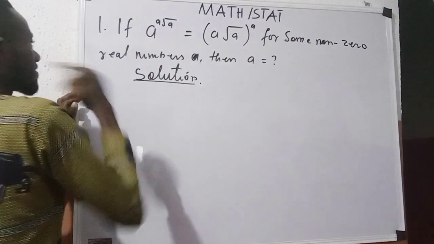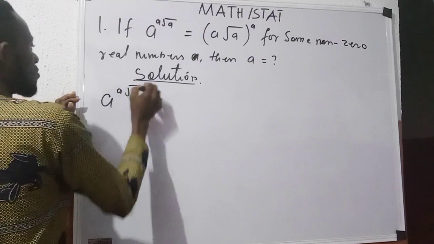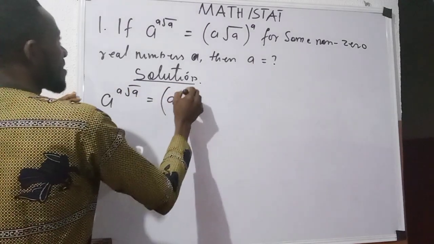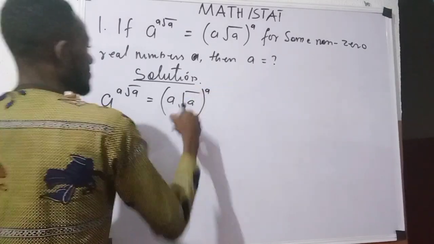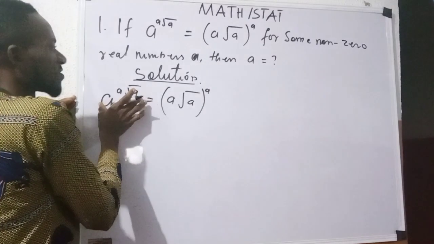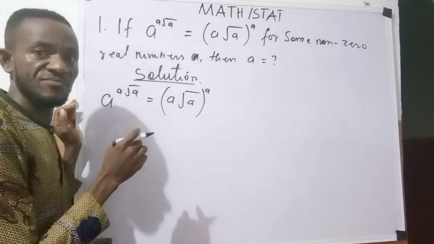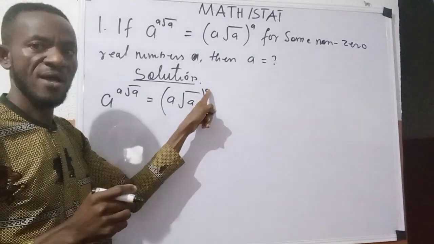The question says a raised to power a root a is given as square root of a, all raised to power a. I want to keep this one steady and expand this with you. Of course, you know that this a shares in this power.